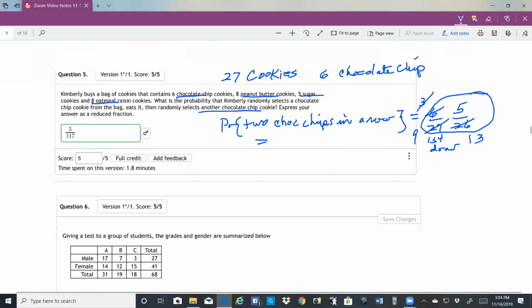So the answer is going to be 5 over 9 times 13, which is equal to 5 over 117. So the probability is 5 over 117.